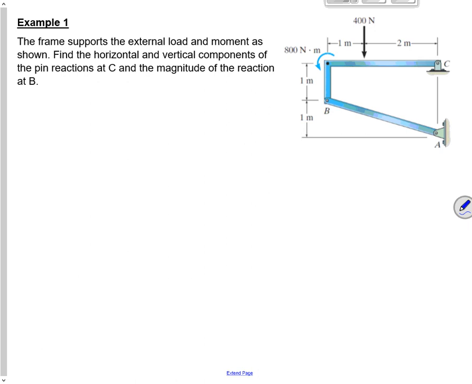So the first thing I would notice is that there are 2 pieces to this frame: the piece BC and the piece AB. Member AB is a 2-force member. Why is that true? Because it's got 2 pins on it and there are no external forces applied anywhere else. So AB is a 2-force member.